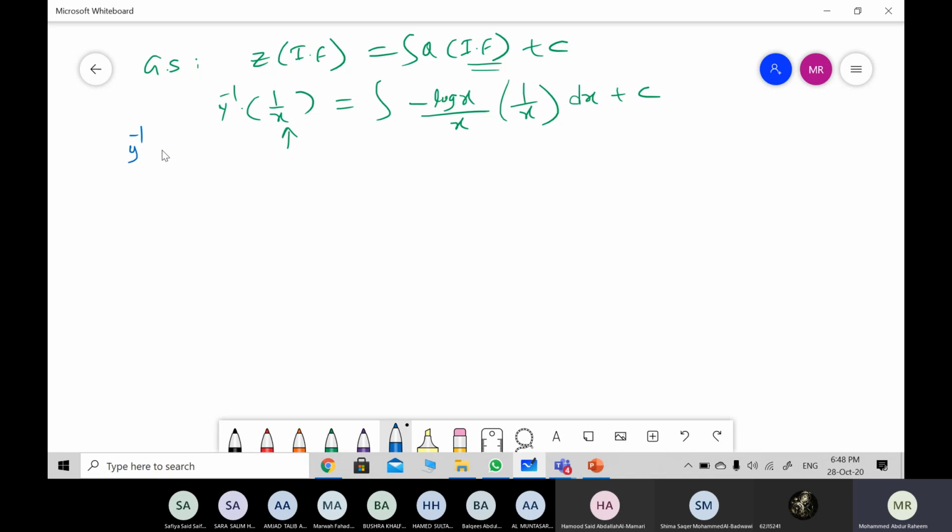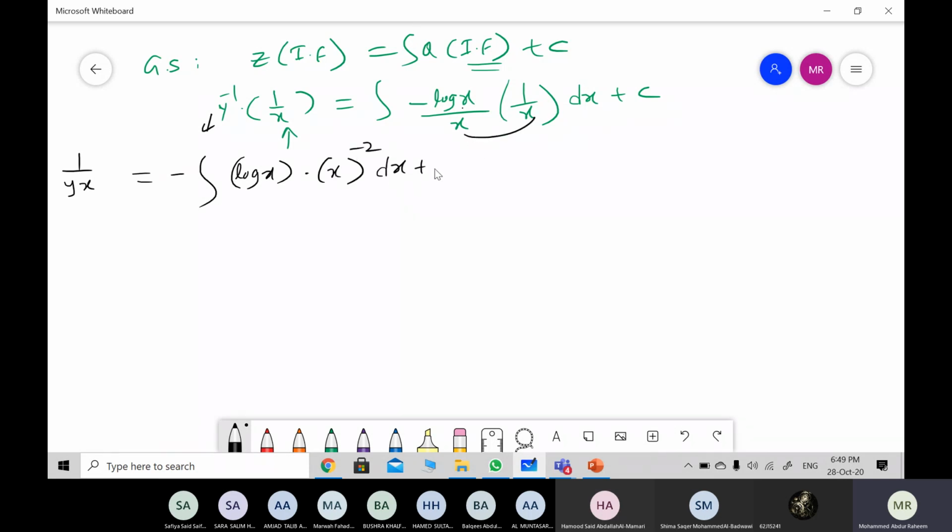And y over minus 1, and this we can write down also with a plus, this one minus outside, log x over x squared, if you write like this.